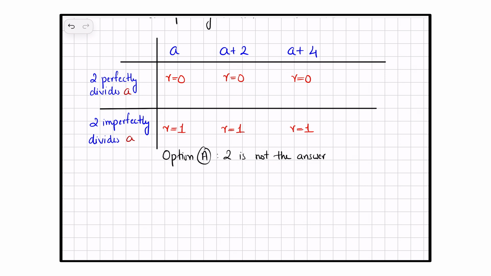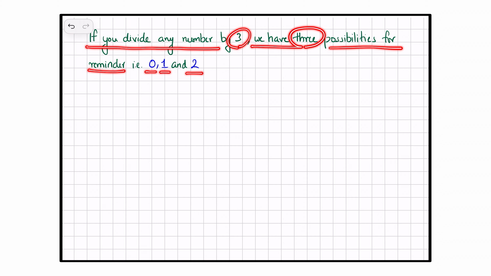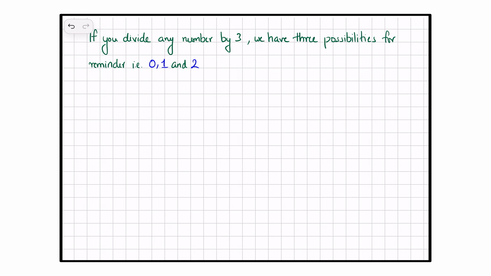Okay. Now we'll go to the second option, 3, and we will check. Now the second case, if you divide a number by 3, we will have 3 possibilities for remainder, that is 0, 1 and 2.